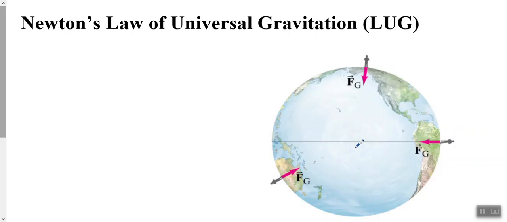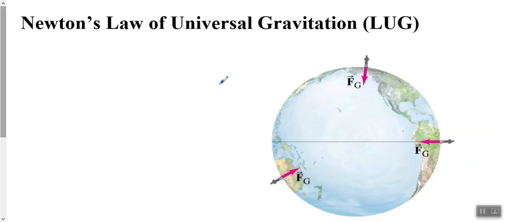So if this acts on objects near Earth, what about the moon, which technically is within the field of Earth's gravitation? And he developed the great law of universal gravitation. So that's what we're going to look into.